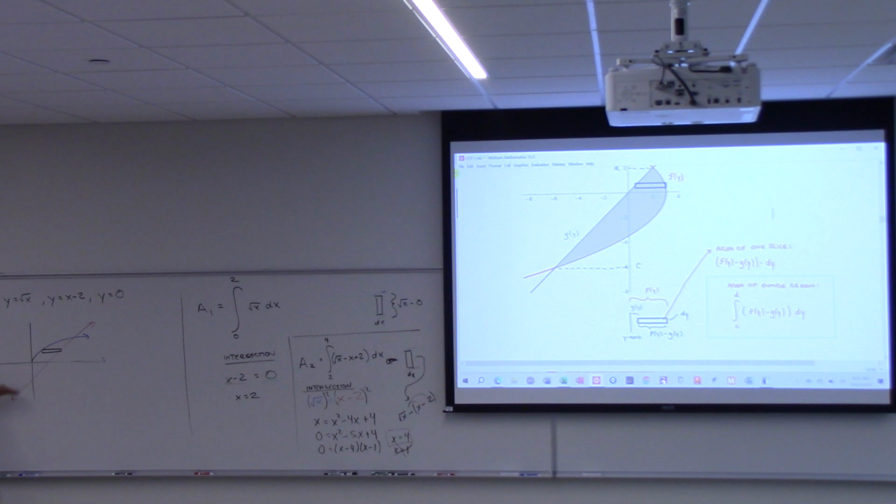Because where would these rectangles start? Down here, and then you'd move and get all these rectangles all the way up through here. You just move through with all these rectangles. And the whole time that you're getting the area of all these rectangles, what's the function on the right side? The red. And what's the function on the left side? The blue, and it never changes. Do you see that? That's probably better for us to not have to split it up into two integrals.